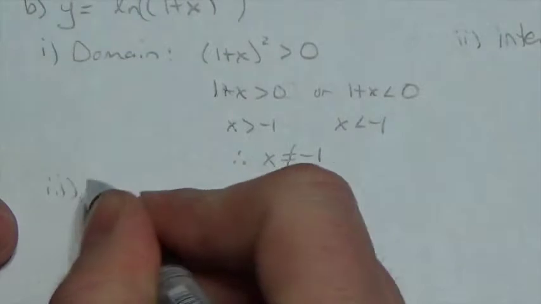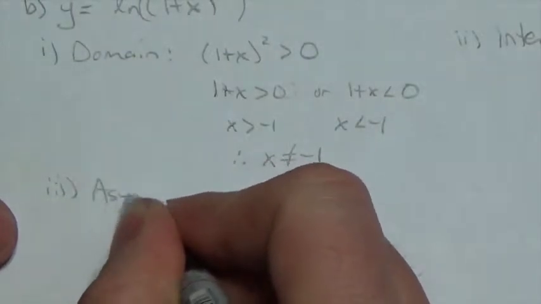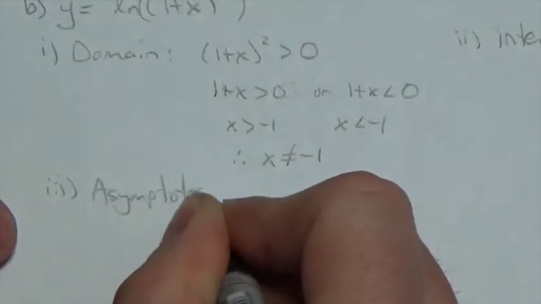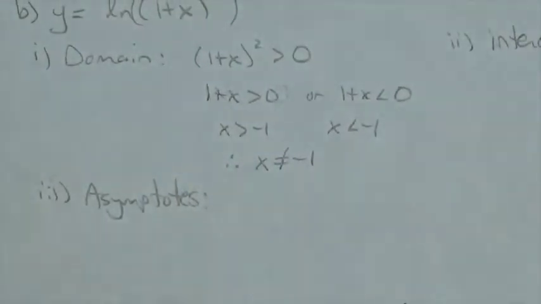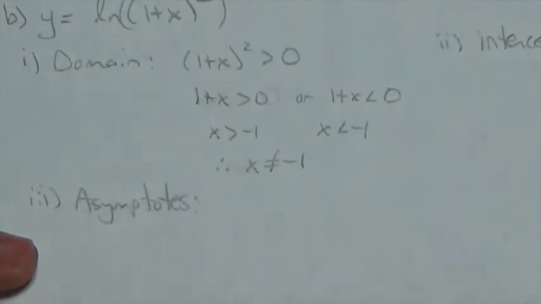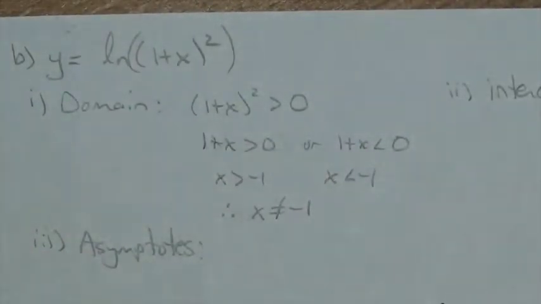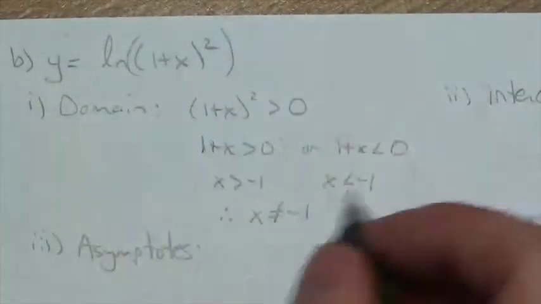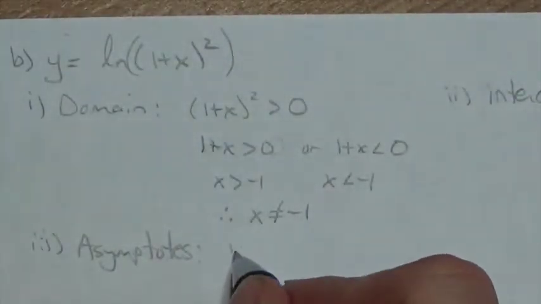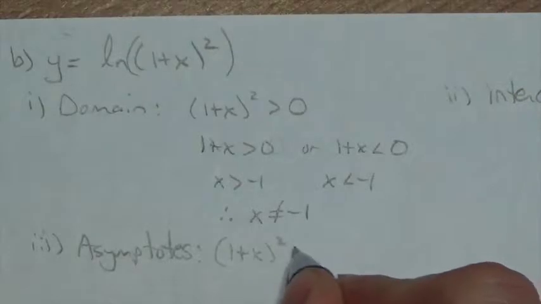Let's look over here. We have got to look for asymptotes. Well, the asymptotes typically occur with a logarithm, if you think about what just a regular old logarithmic graph looks like, where the argument goes to 0. So where 1 plus x squared is equal to 0.